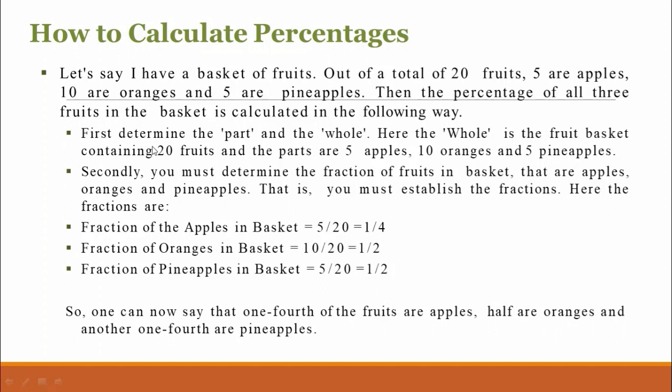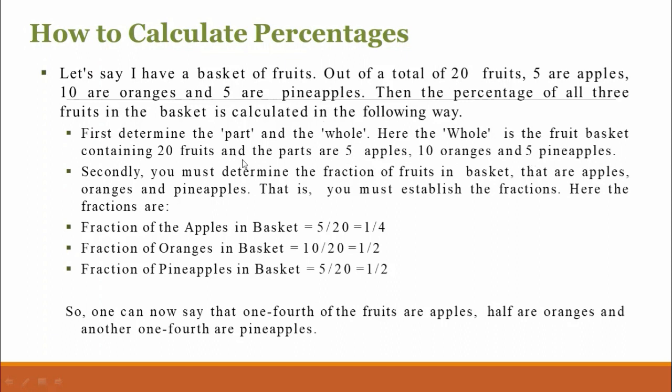First, determine the part and then the whole. So the whole is 20. Here the whole is the fruit basket containing 20 fruits, and the part for each fruit: the part of apples is 5, the part of oranges is 10, and the part of pineapples is 5.